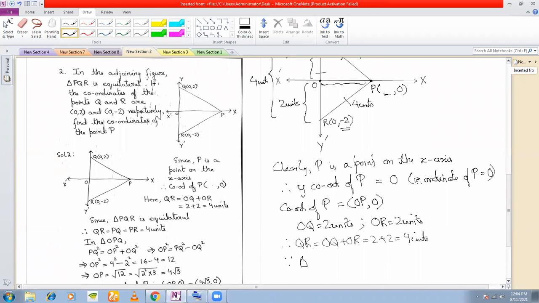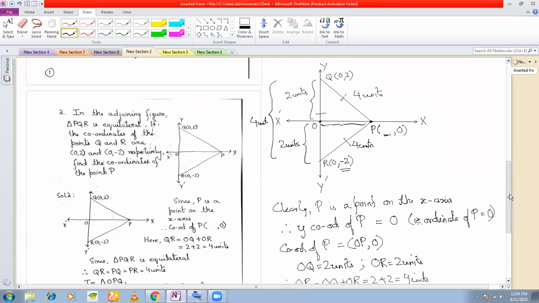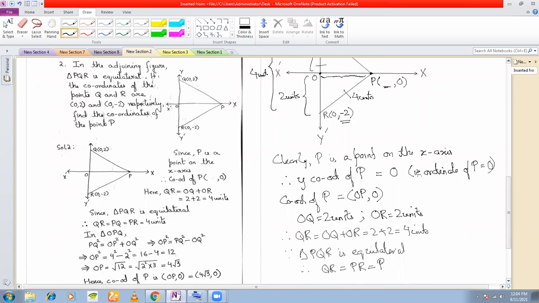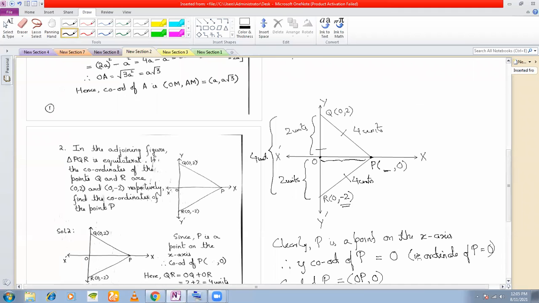Since triangle PQR is equilateral, therefore QR must be equal to PR must be equal to PQ. All three sides must be equal and all of their lengths are 4 units, right?